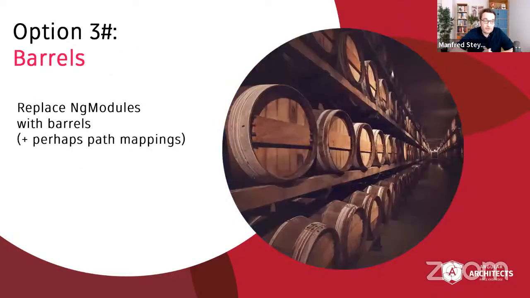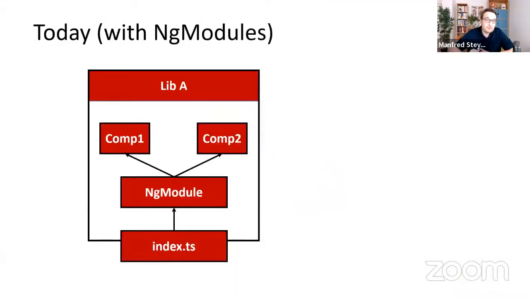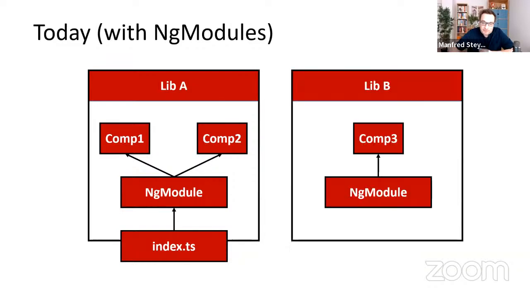You can even go one step further and add some barrels, perhaps with path mappings. And of course, if you want to go all in, you should replace ng modules with libraries in an NX monorepo. And then you get all those nice features we've seen before. Actually, it's even more straightforward if you go with libraries in a monorepo. Perhaps nowadays you start with a structure like this here.